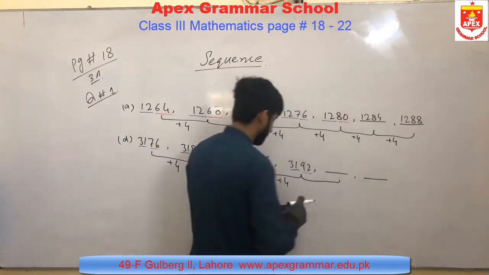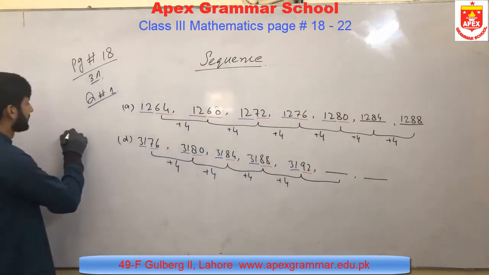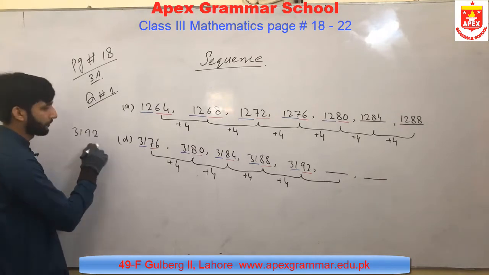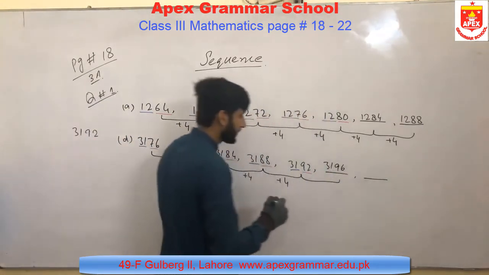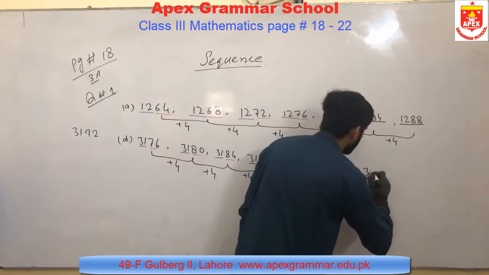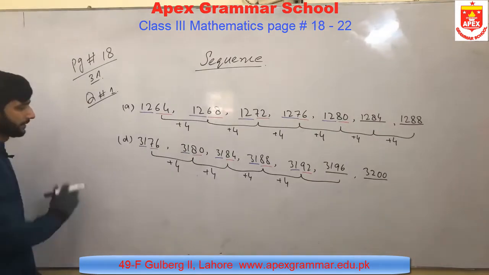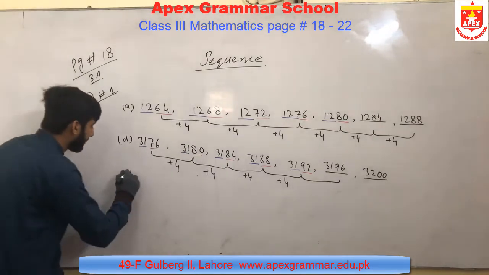After that, 3192 plus 4 is 3196, and then plus 4 is 3200. This is part D. The last part I'm going to solve for you is the H part of this question.